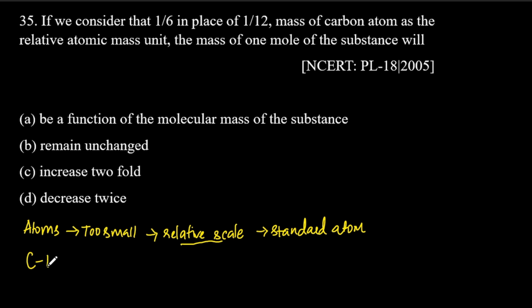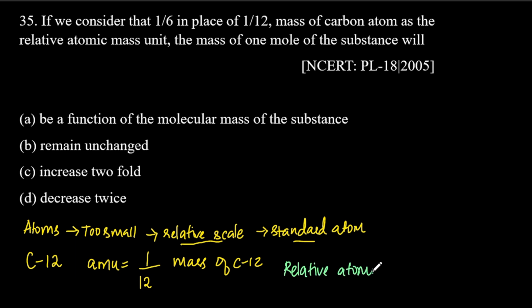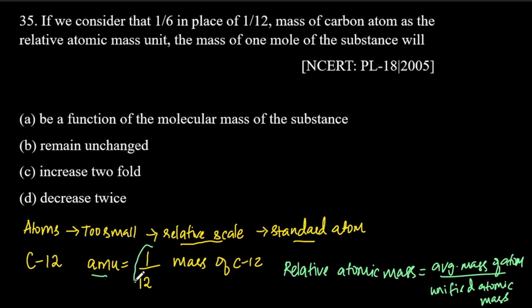So carbon 12 isotope is considered as the standard atom, and we define the unified atomic mass as 1/12th of the mass of carbon 12. And we know the relative atomic mass formula. Relative atomic mass is equal to average mass of atom divided by the unified atomic mass. Now, in place of this 1/12, if we replace 1/6, only the relative atomic mass of each element will differ.